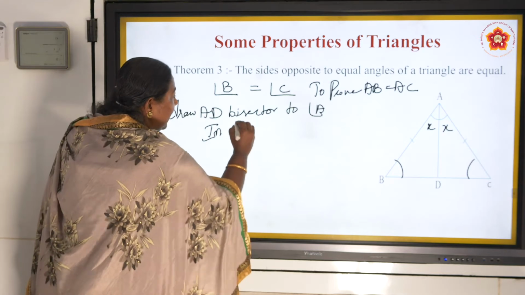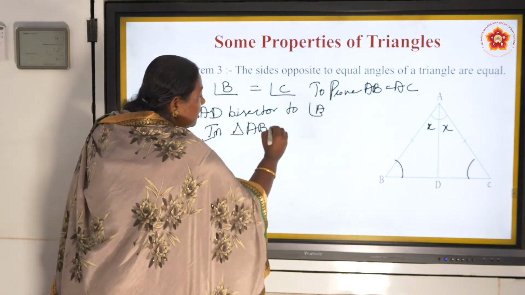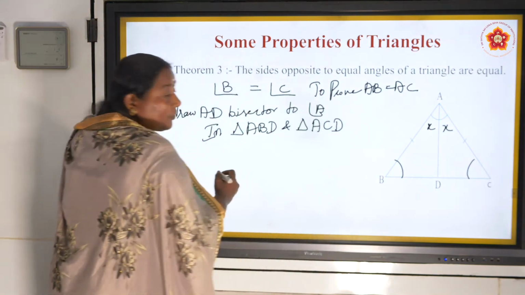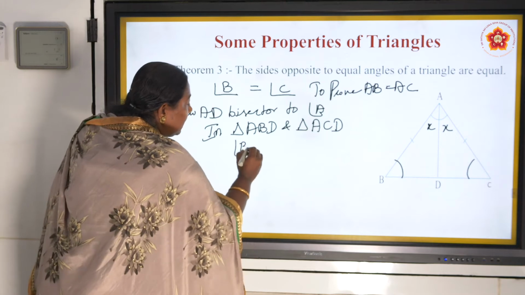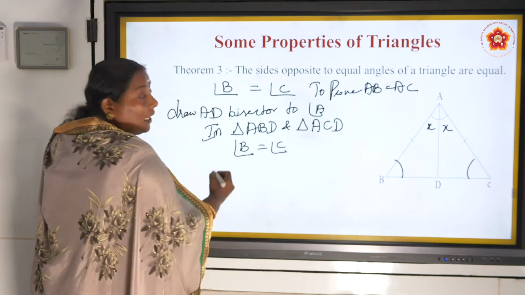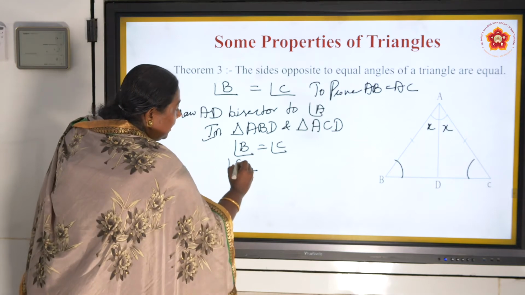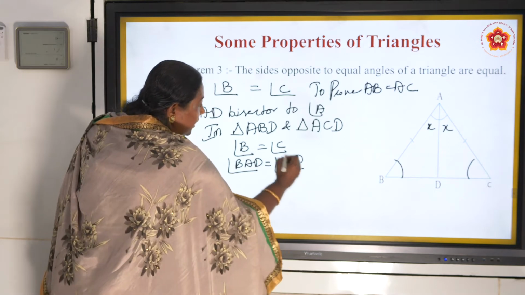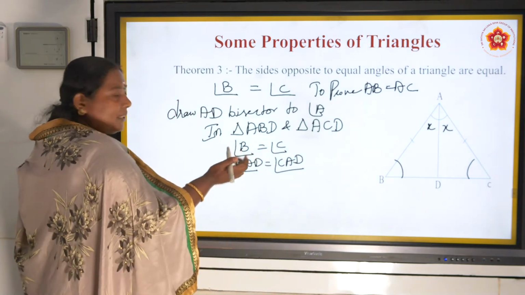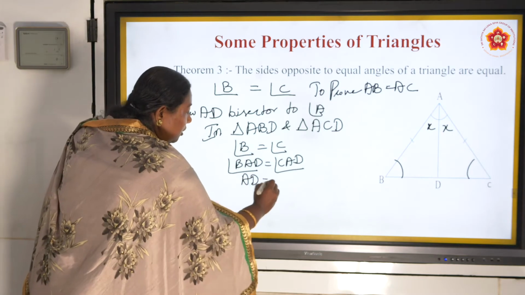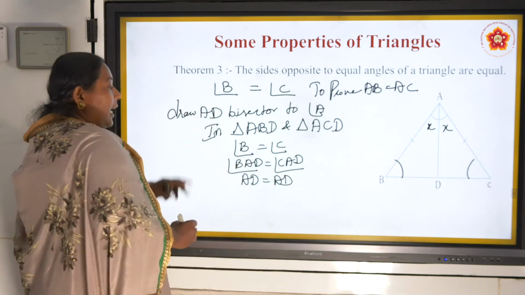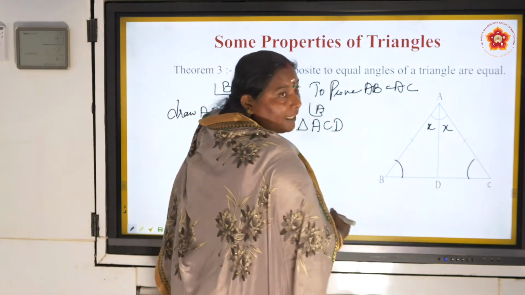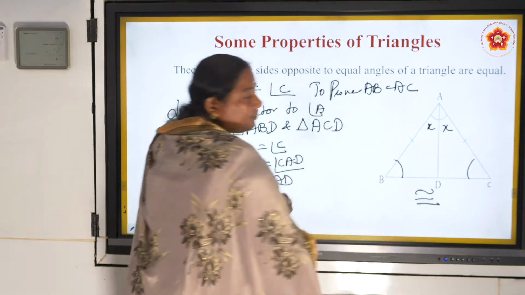In triangle ABD and triangle ACD, what I have already is angle B is equal to angle C, and by my construction angle BAD is equal to angle CAD, and already AD is common, standing there, so let us use that also. So AD is common. By angle-side-angle congruency, I can tell that these two triangles are congruent.